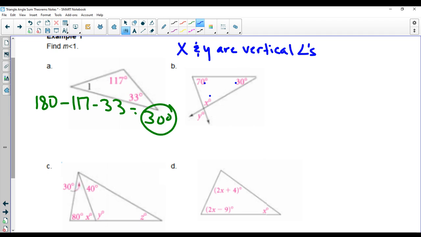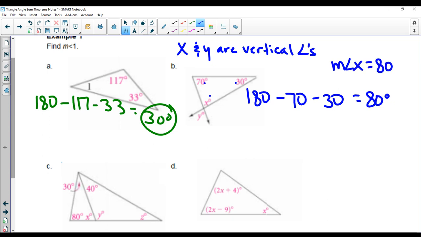So I'm going to use the fast way. I know that 70 plus 30 plus x has to be 180. So I'm going to do 180 minus 70 minus 30. What's that give me? I think it's 80, but let's double check. Yep. So it would say the measure of angle x equals 80 degrees.